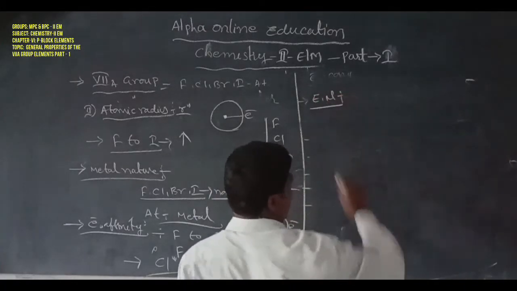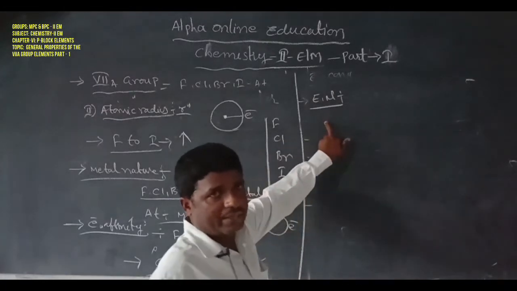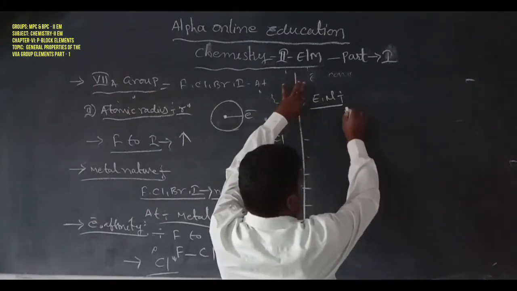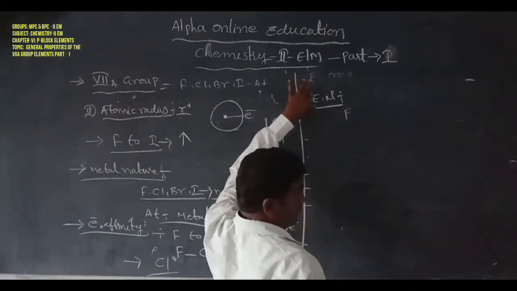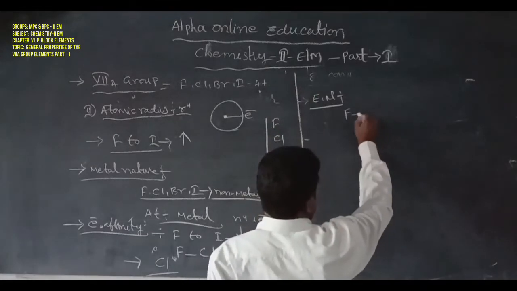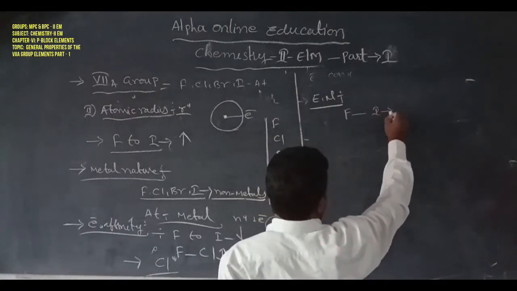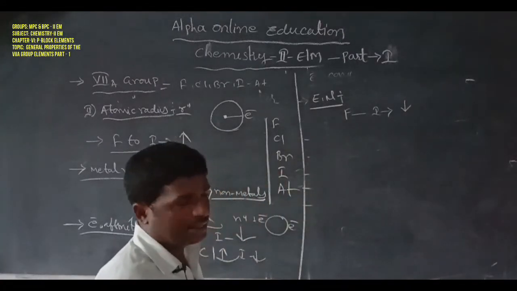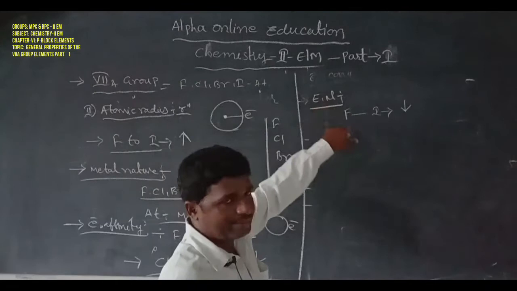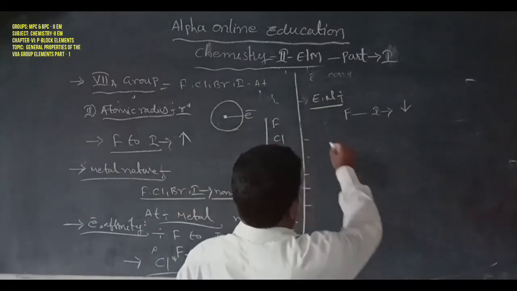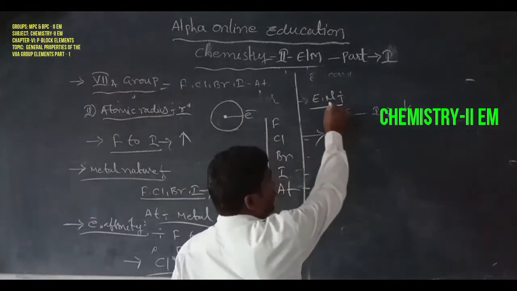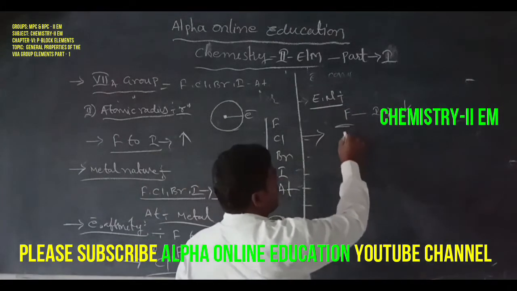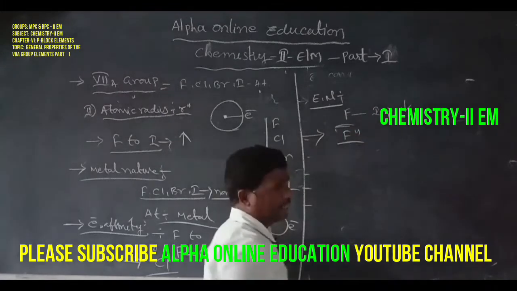EN means electronegativity. 7th A group elements are the most electronegative elements in the modern periodic table. From fluorine to iodine, electronegativity decreases because atomic radius increases. Fluorine is the most electronegative atom in the modern periodic table.